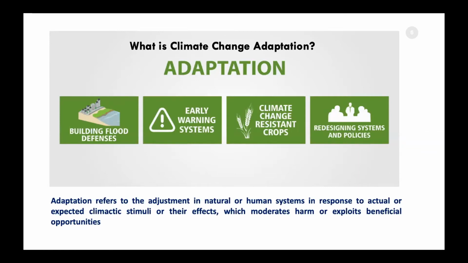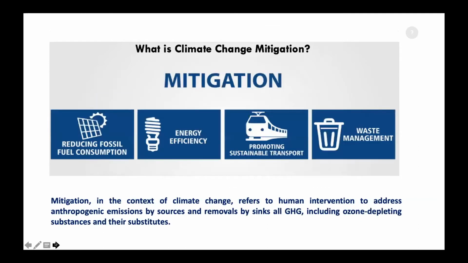DA has also identified that research for climate change resistant crops are tagged under adaptation, and some agencies have identified coming up with policies or researches and capacity building initiatives geared towards designing systems and policies for climate change, and they are tagging this as an adaptation program.